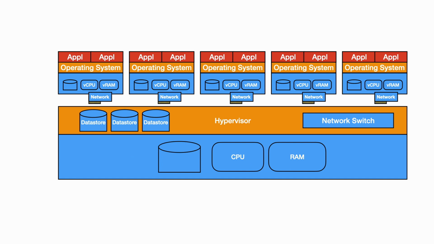The operating system we load on the virtual machine is exactly the same operating system as we would have loaded on the normal physical machine. So we install a normal version of Windows or Linux on that virtual machine, and then we can install whatever application we want on top of that, be it a web server, be it a mail server, etc.